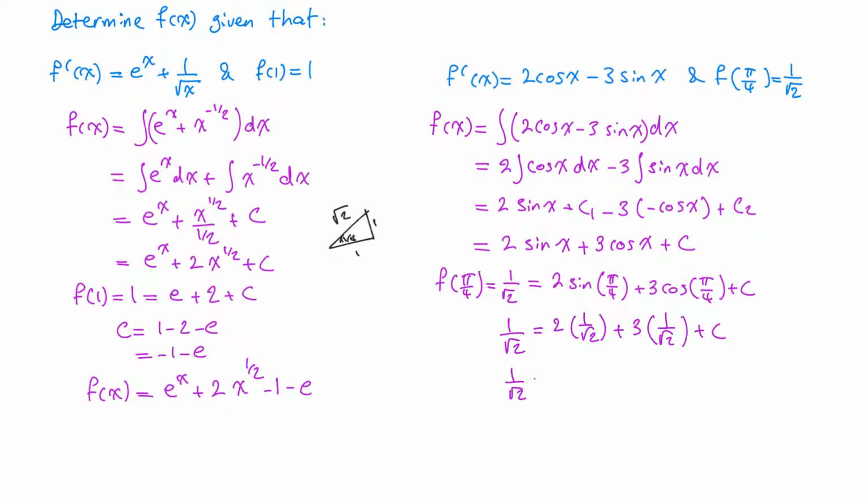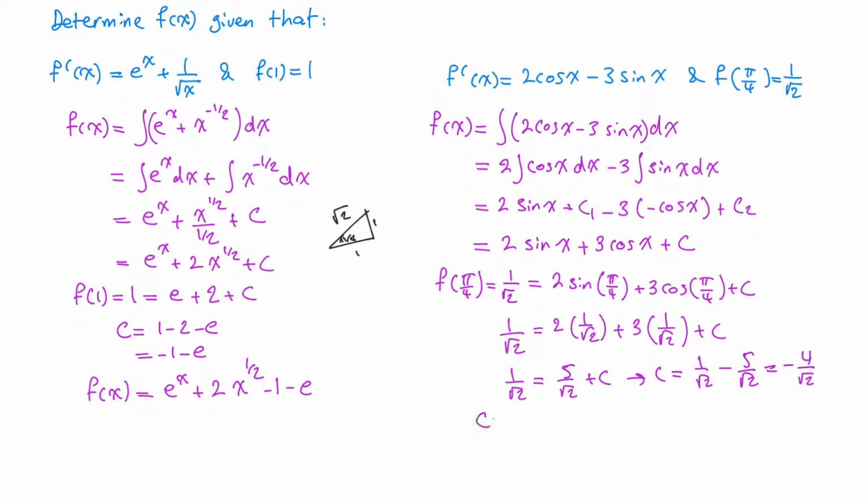So I get 5 over square root of 2 plus c here. So then I get c is equal to 1 over square root of 2 minus 5 over square root of 2, which is equal to negative 4 over square root of 2.